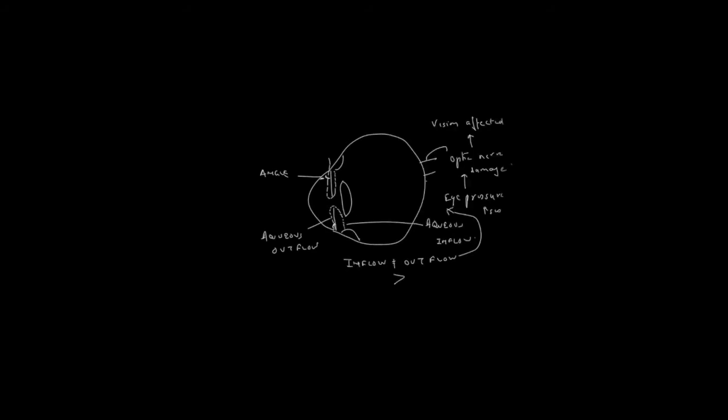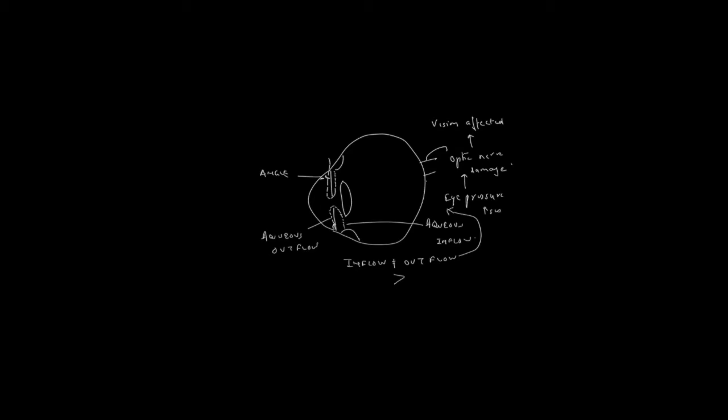Now in a normal eye, this is absolutely well balanced so that the pressure of the whole eye is maintained at normal levels. In patients whose inflow and outflow is not properly balanced, that means the inflow is continuing but the outflow is compromised, the fluid gets collected in the eye, the pressure increases, and the optic nerve gets mechanically compressed, and that leads to damage to the optic nerve.